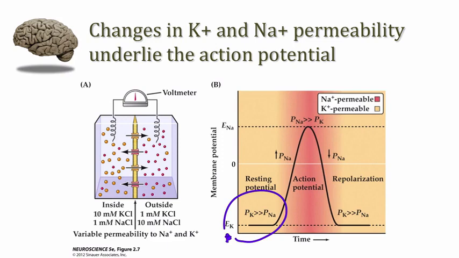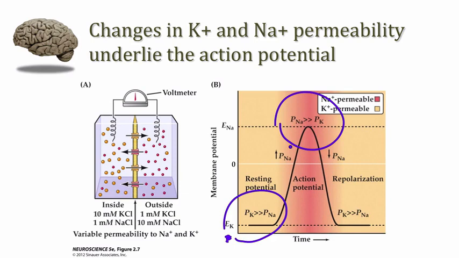Now, imagine there's some mechanism in the neuronal membrane that can flip these permeabilities, such that the permeability to sodium is so much greater than the permeability to potassium that this situation dominates, and sodium is the only permeant ion we need to be concerned with.